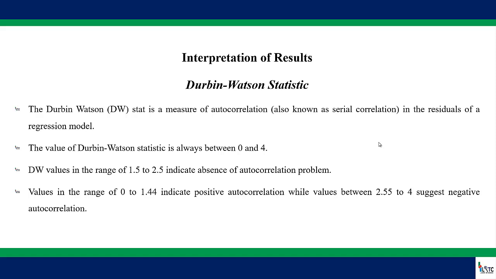But when the value ranges from 0 to 1.44, then you should be worried about the problem of positive autocorrelation, and when the value exceeds 2.55, then there is a problem of what? There is a problem of negative autocorrelation. So you should take steps to address that particular problem.